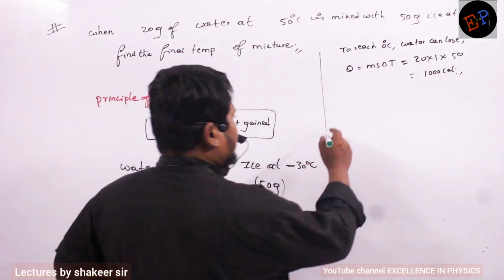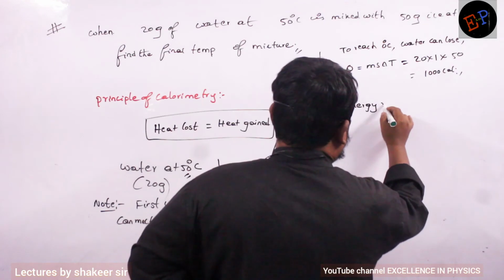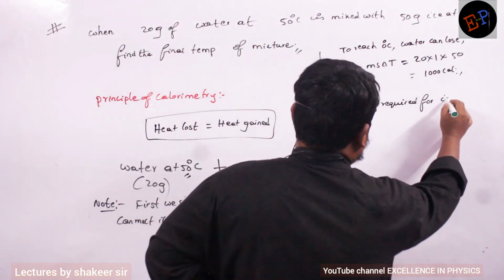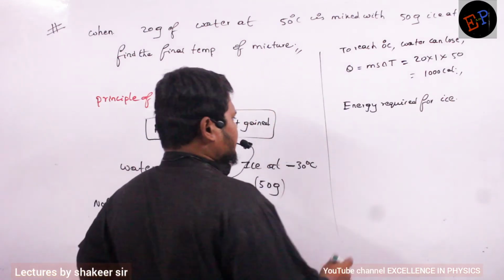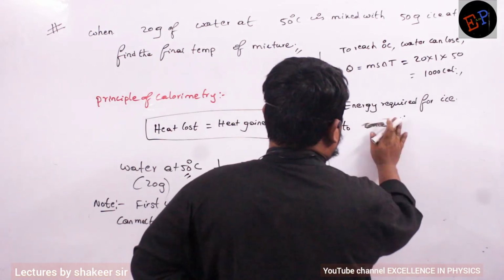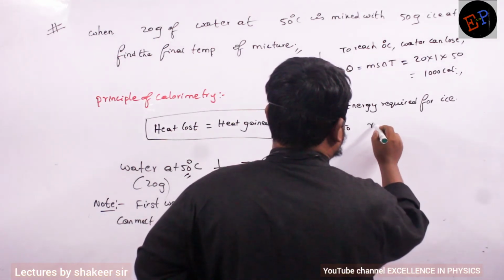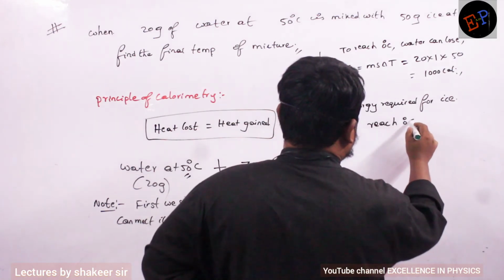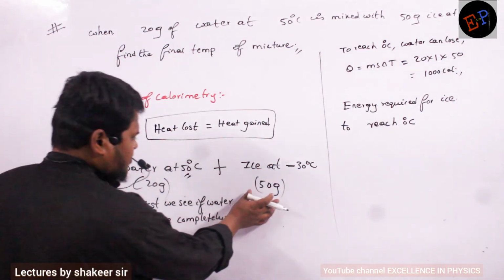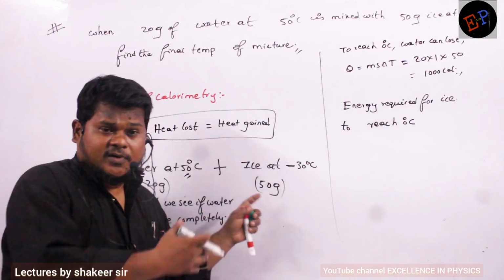Now let us calculate the energy required for ice to reach 0 degrees Celsius. What is the temperature of ice? Minus 30. So first of all, this ice should come to 0.